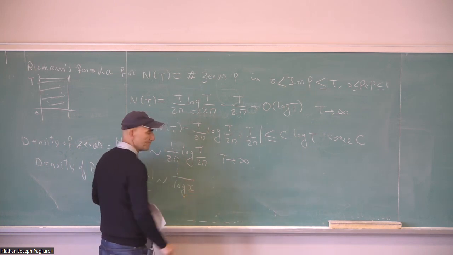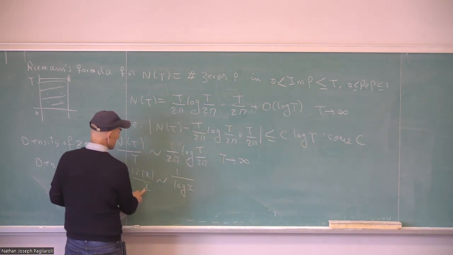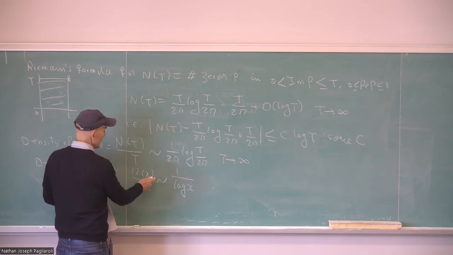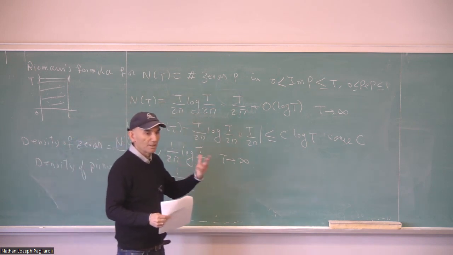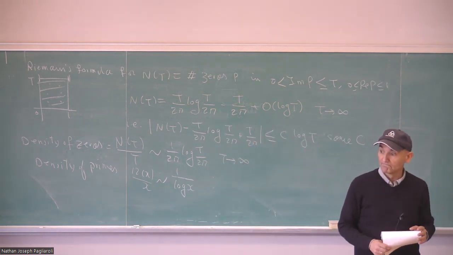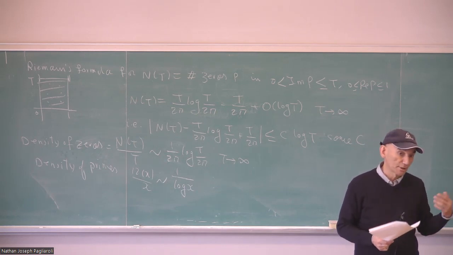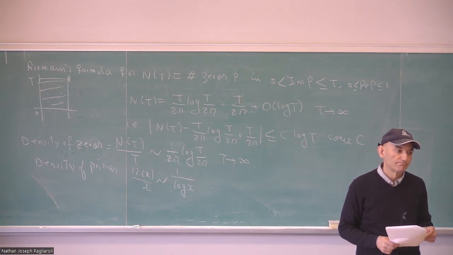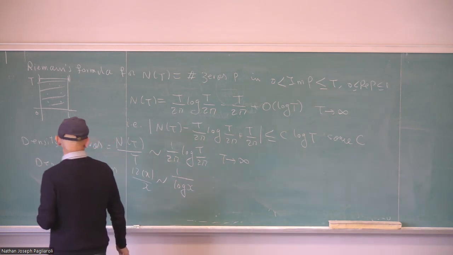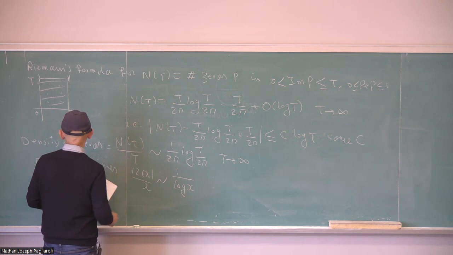Not log x, it's 1 over log x, because pi of x itself is asymptotic to x over log x, and you divide it. So what does it mean? It means that primes get thinner and thinner in a way. The density is decreasing, but the density of zeros is increasing. Anyhow, this is what it is.